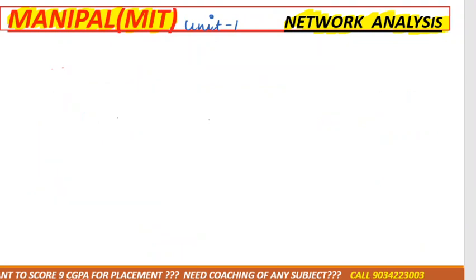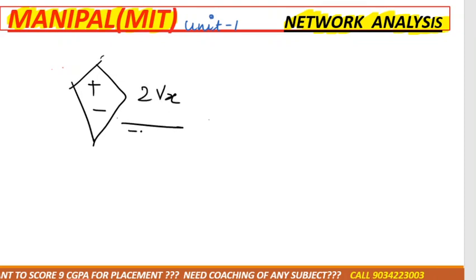Simple. Like I'm now drawing a circuit. Now you need to tell me which source it is. Tell me. It's a voltage dependent, that is correct, because its value is depending on voltage.